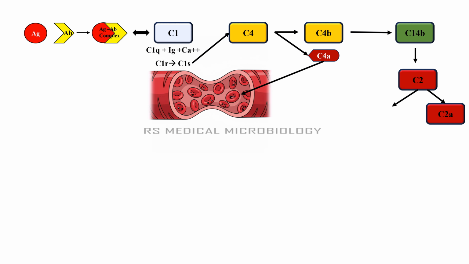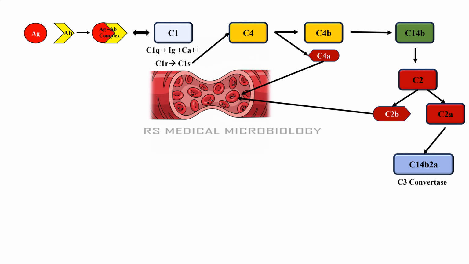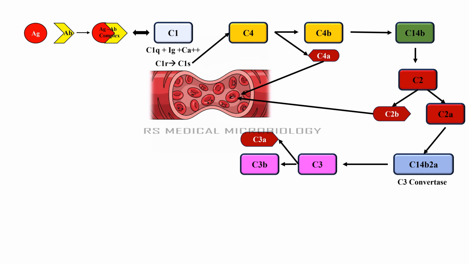This is followed by activation of C2, again C2a and C2b. The C2b is an anaphylatoxin, again it will go back into the bloodstream. The C2a will combine with the C14b, the previous component, to form C3 convertase, the first important step. Next, it will be attached with C3. C3 is again split up into C3a and C3b. C3a will go back into the bloodstream.